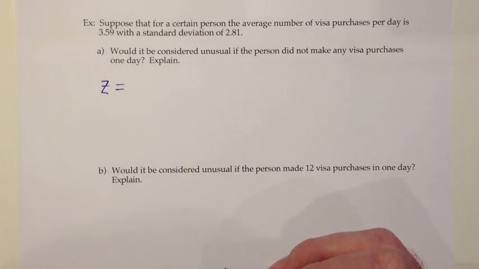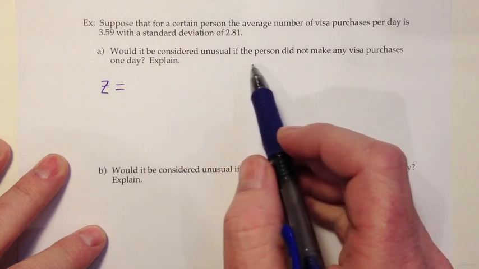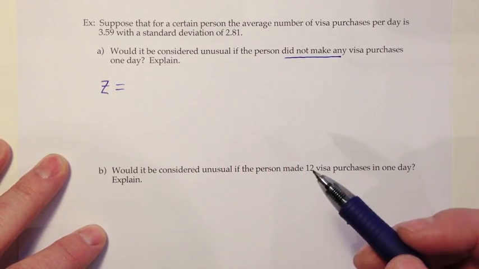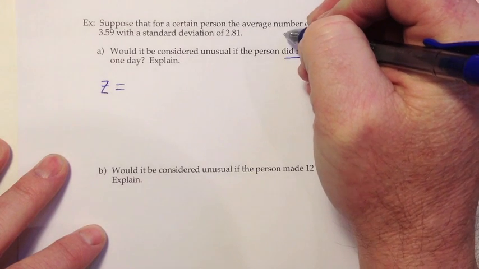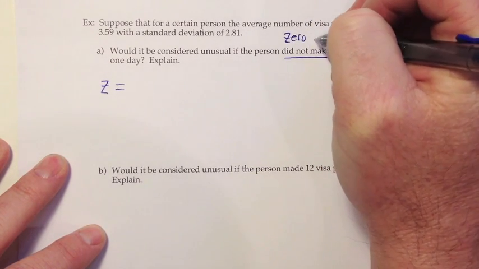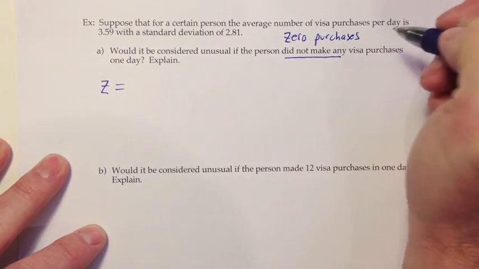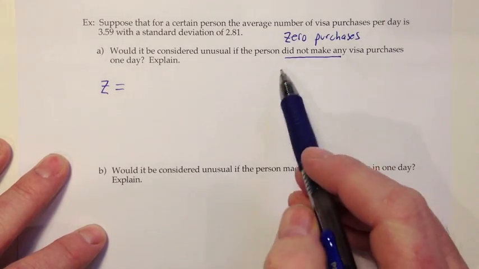And with the z-score, you always want to start with the data value in question, subtract the mean, and divide by the standard deviation. So they say, would it be considered unusual if the person did not make any Visa purchases? Another way you could translate that is that there were 0 purchases. And we do want to be thinking about a number, so even though the way it's worded is fine, we want to think, okay, what does that mean?